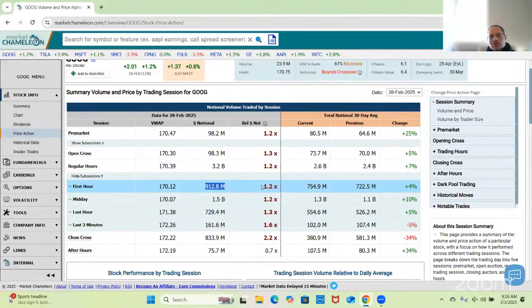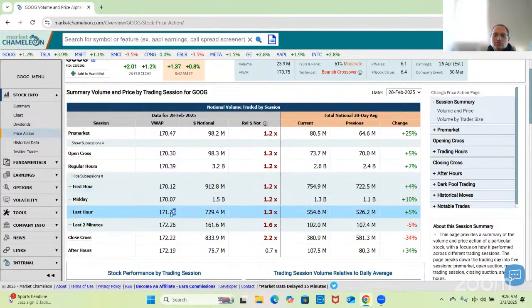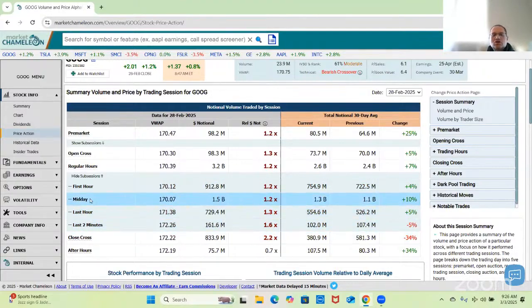Then the last hour in the trading session, we also see a pickup in that one hour. Midday is the hours that we count between 10:30 and 3 o'clock. The last hour, 3 to 4, you will start seeing a pickup in volume.